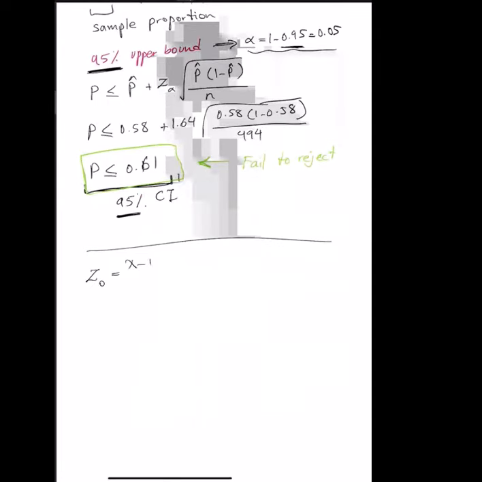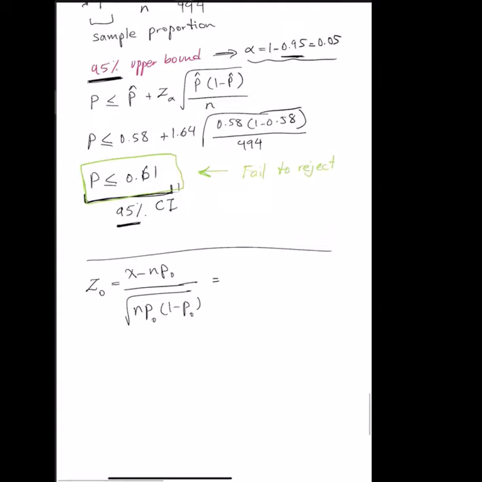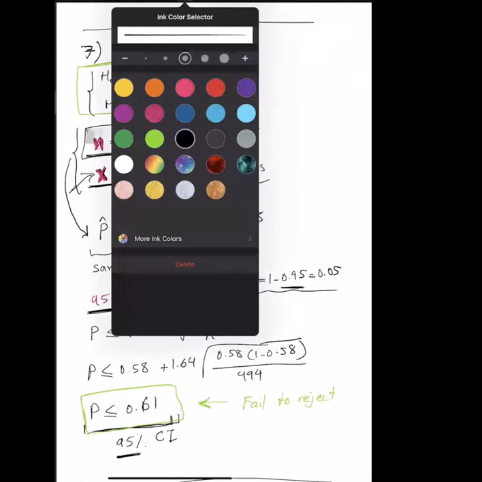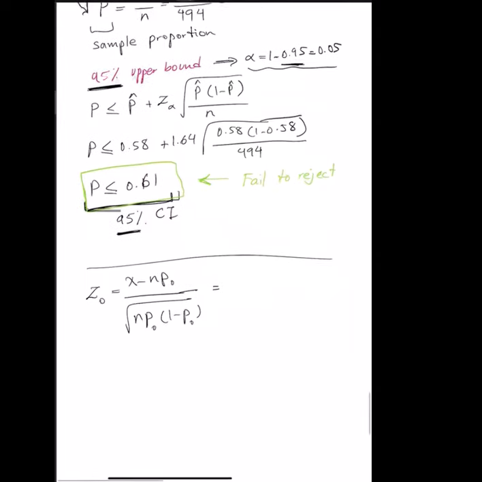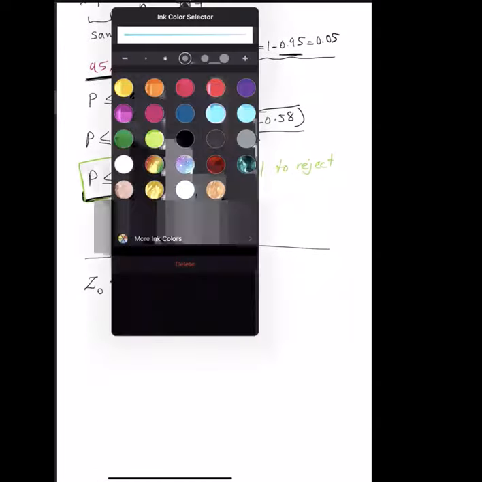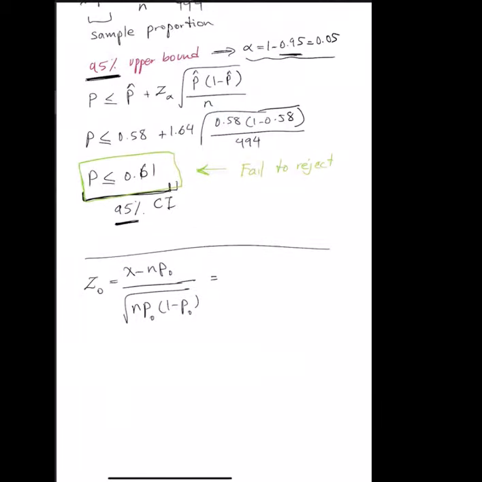It's X minus n p null, and this p null is the number here, 0.6.